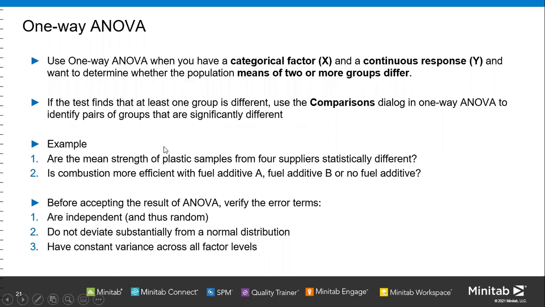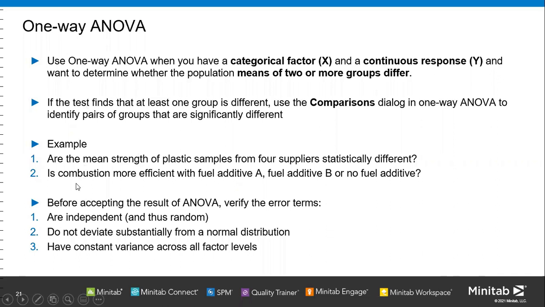For example, your situation is something like, is the mean strength of the plastic sample from the 4 suppliers statistically different? So for this question, you need to make a decision. One-way ANOVA is the best tool to answer this question if you have data collection. If you only have judgment, you cannot use the one-way ANOVA.